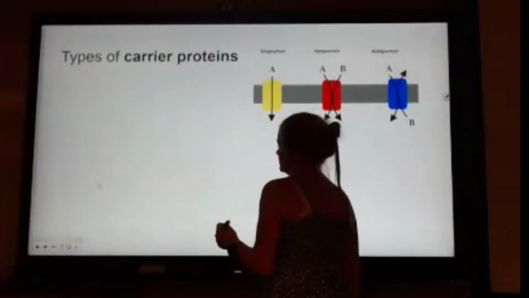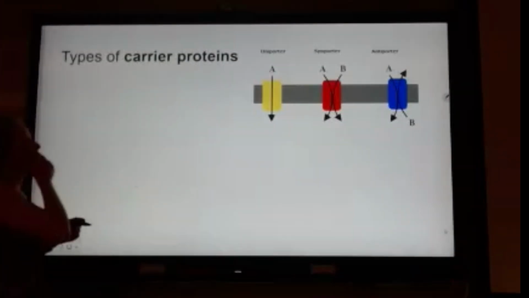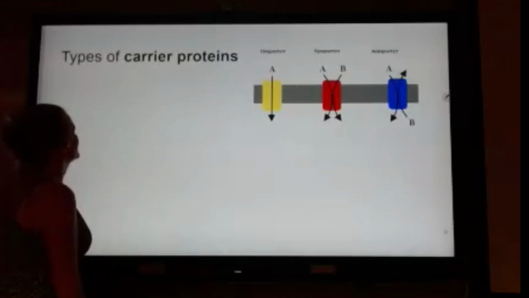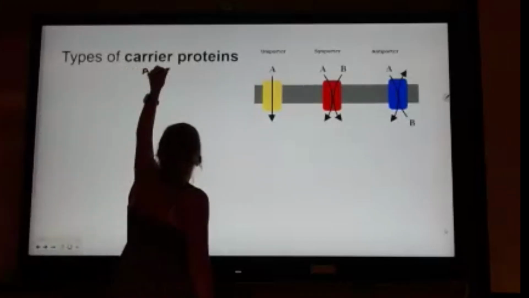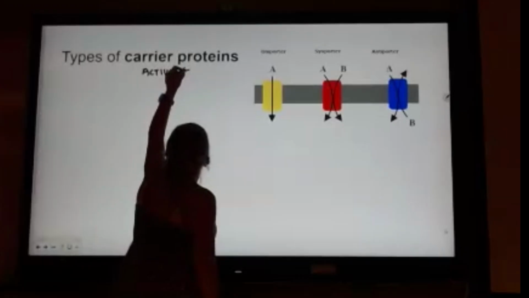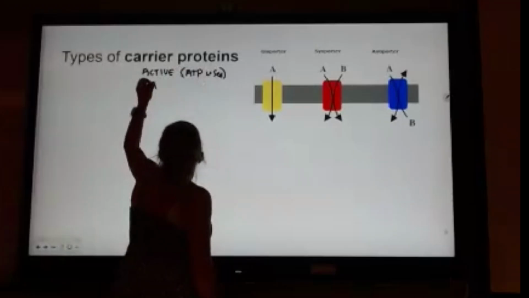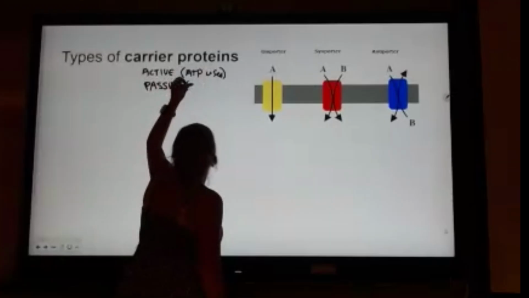Let me move that mouse so that I'm not distracted by it. Okay. So we talked about 3 different kinds of carrier proteins. And remember, these can either be active transport where we're using ATP, or they can be found in passive transport as well, where we're just using the concentration gradient.